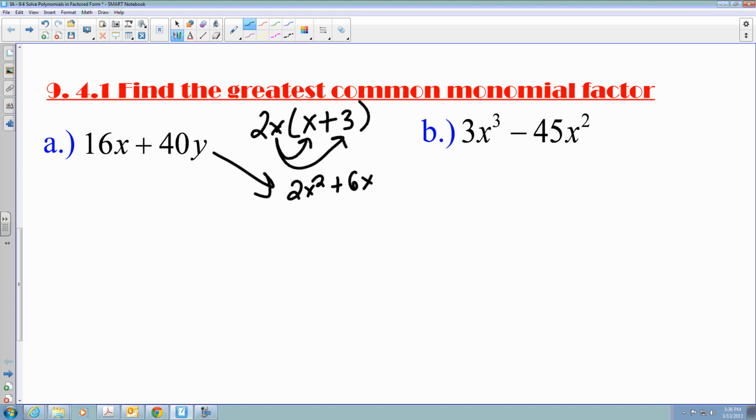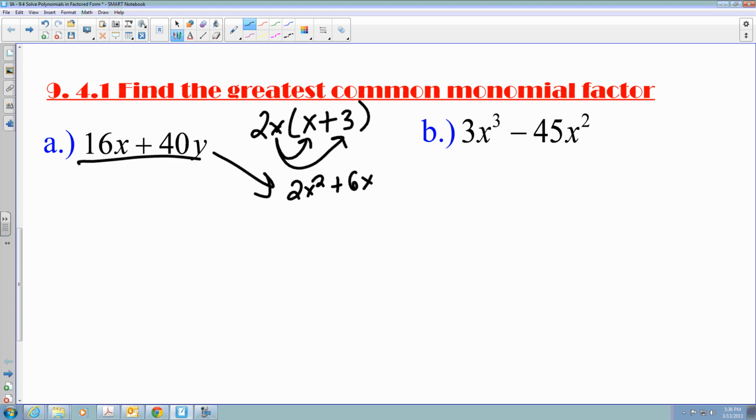And so we're almost doing a reverse distributive property here. What I want you to do for these examples is to first look at the numerical values, then look at the variables and see if you can take some values out of that, put them outside the parentheses, and then see if we were to distribute, will we get the value of this particular problem.